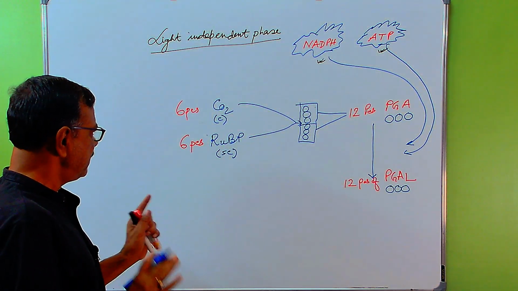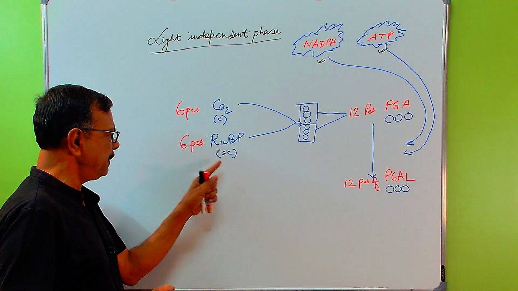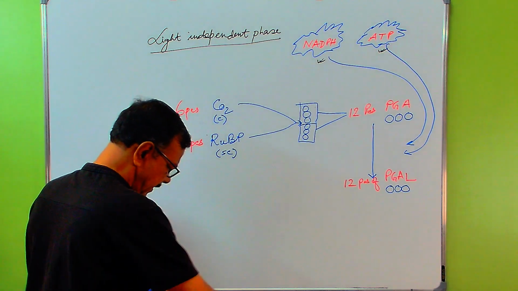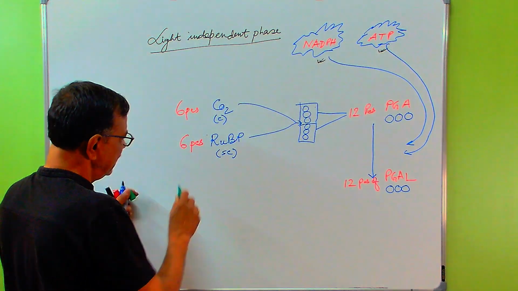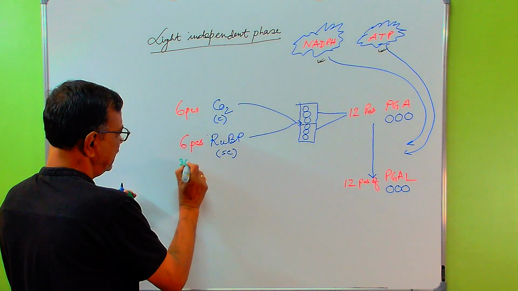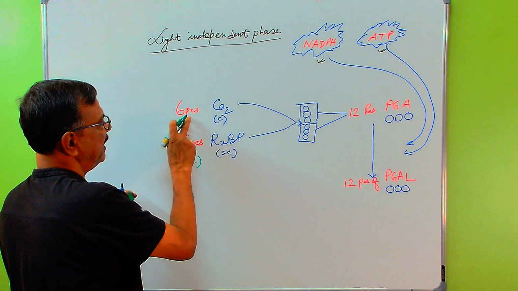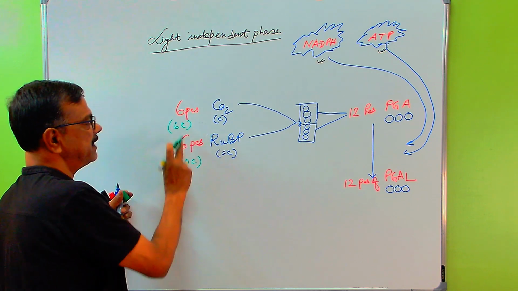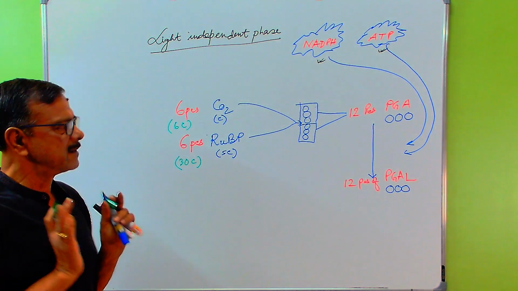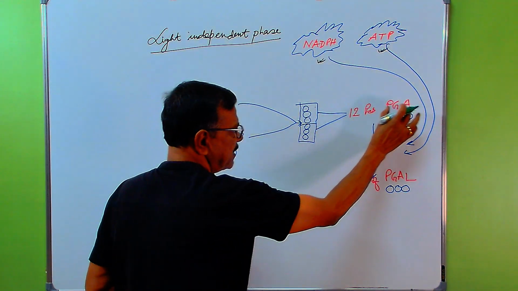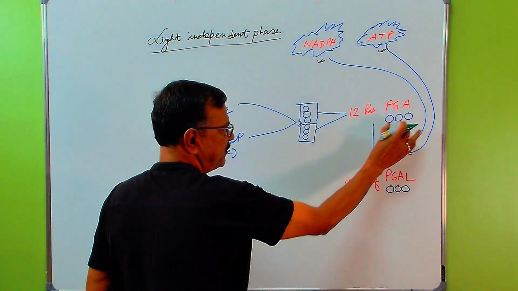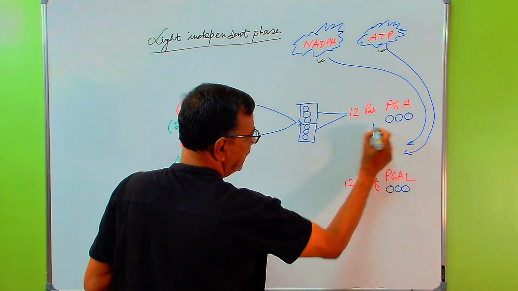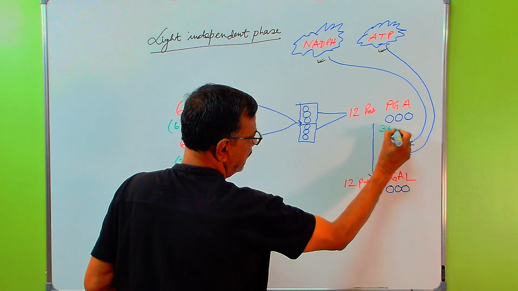So carbon for carbon: 6 pieces of RuBP contain 5 times 6, which is 30 carbon, plus 6 carbon from the CO2. So 30 plus 6 is 36. Here 12 pieces of PGA, each containing 3 carbon, 3 times 12 is 36. Here is a 36 carbon compound.